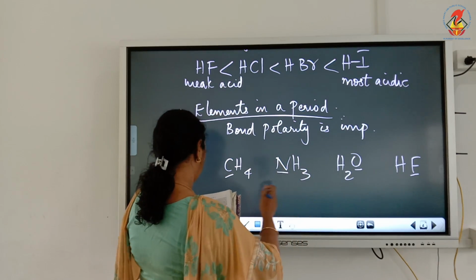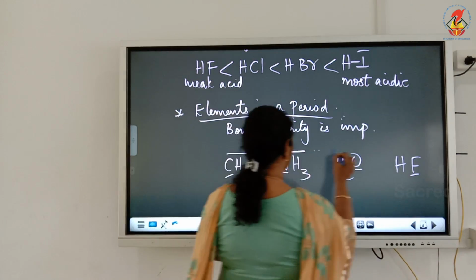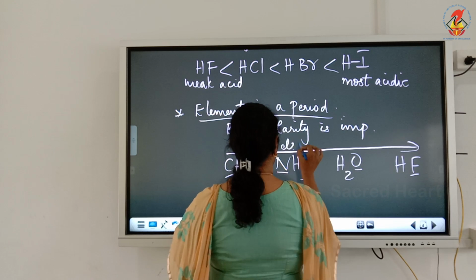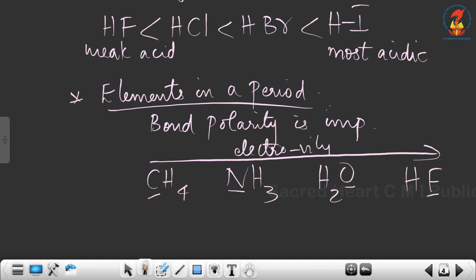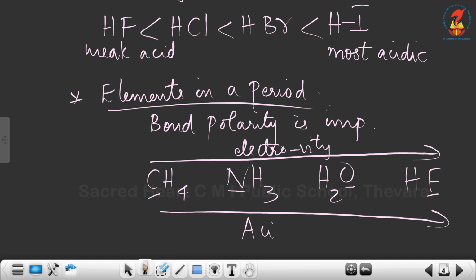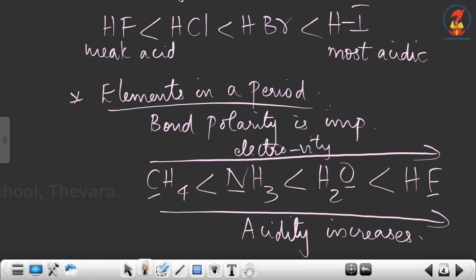So the electronegativity difference increases in this order, and when it increases, acidity increases. In increasing order: methane < ammonia < water < HF.